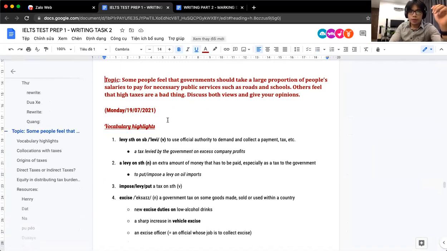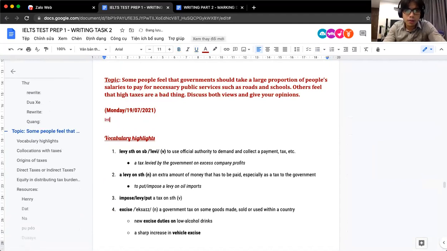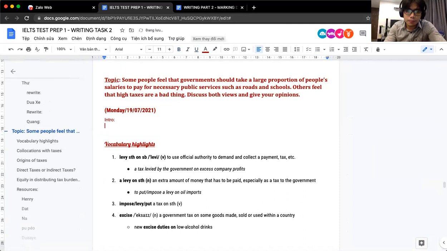So in order to do that, okay, our outline could be something like this. The intro, the body one. So body one will focus on argument for high grades of taxes.